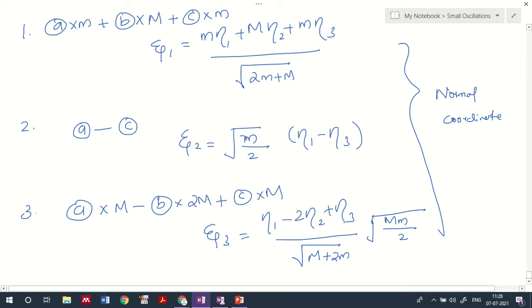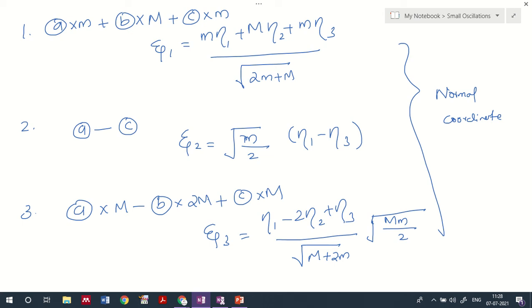Then finally we can identify the normal coordinates in terms of the mean displacements eta 1, eta 2, eta 3, which are associated with the carbon dioxide molecule. That's what we need to do for the linear triatomic free vibration case.